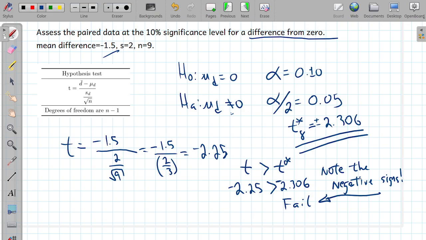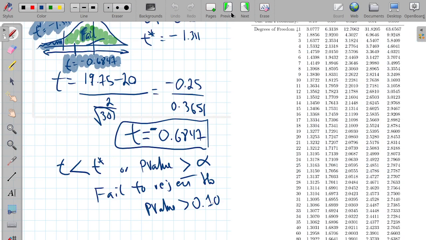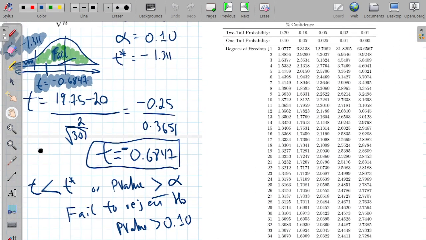Because when we do the p-value method, we don't care about the signs. Now we just need to look at that table again. So we had a test statistic, and let's just get the p-value and see what we get. Okay, so remember it's a two-tail probability.